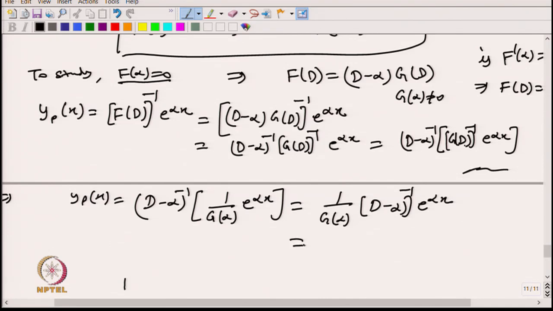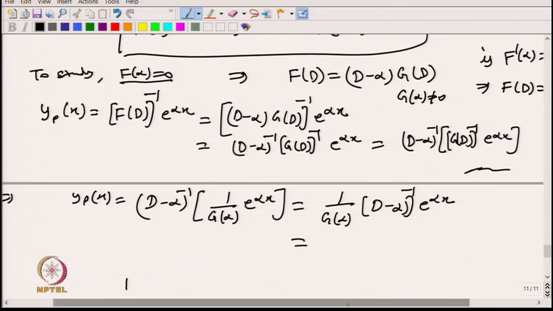So, this one we have seen from the previous case can be written as 1 over g of alpha.